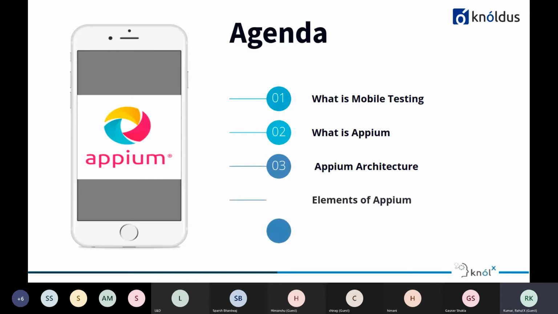The fourth topic is the elements of Appium. In this section, we will learn how one element of Appium communicates with the other elements during mobile testing. At the last, we have a live demo in which we perform three tasks.